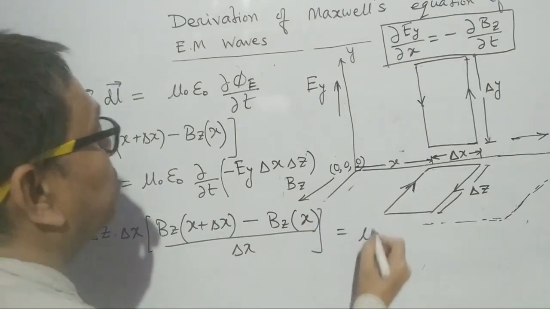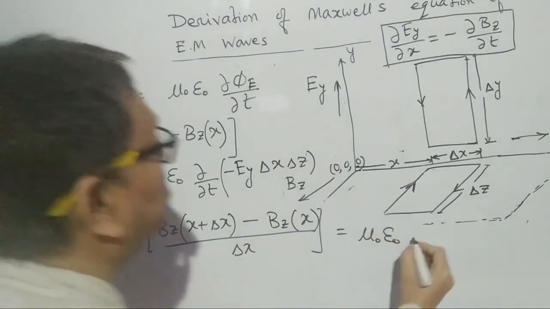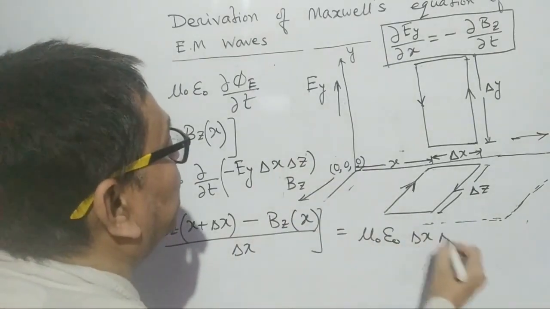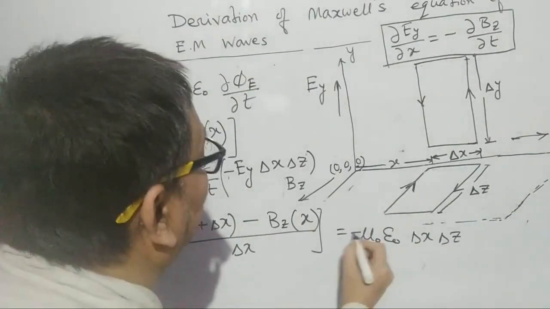So that is equal to mu naught epsilon naught, and this delta x delta z we can cancel out, and there is a minus sign, so make it out.